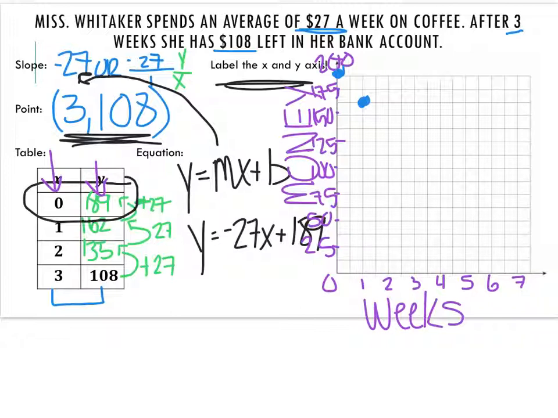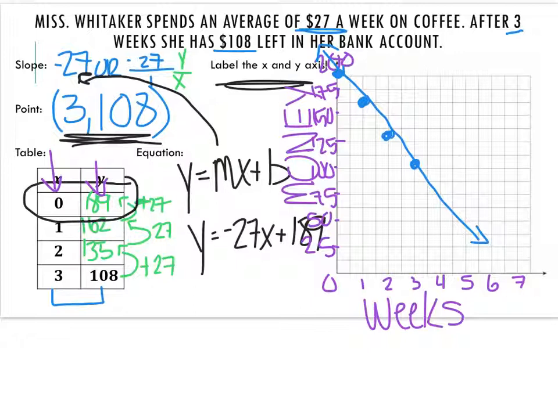Then after 2 weeks, I'm down to $135, which is like there-ish. And after 3, I'm down to 108, which is like there-ish. Here is my linear equation. This looks really sloppy, but at least it looks colorful.